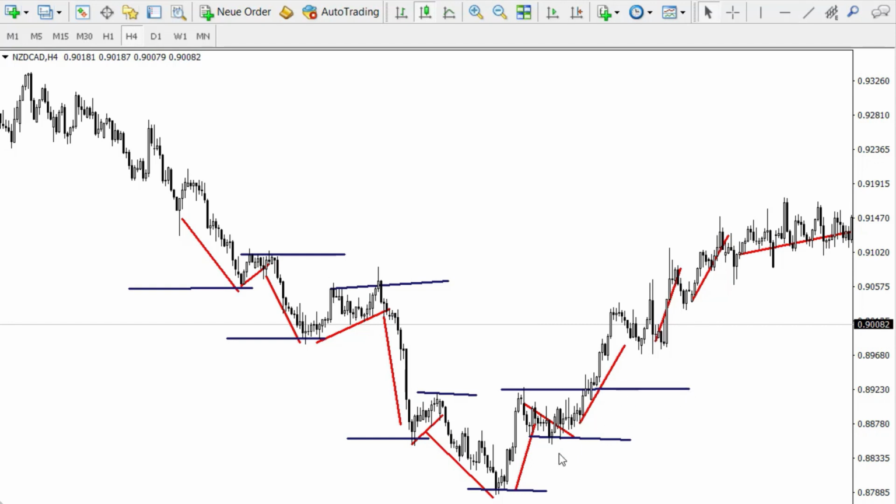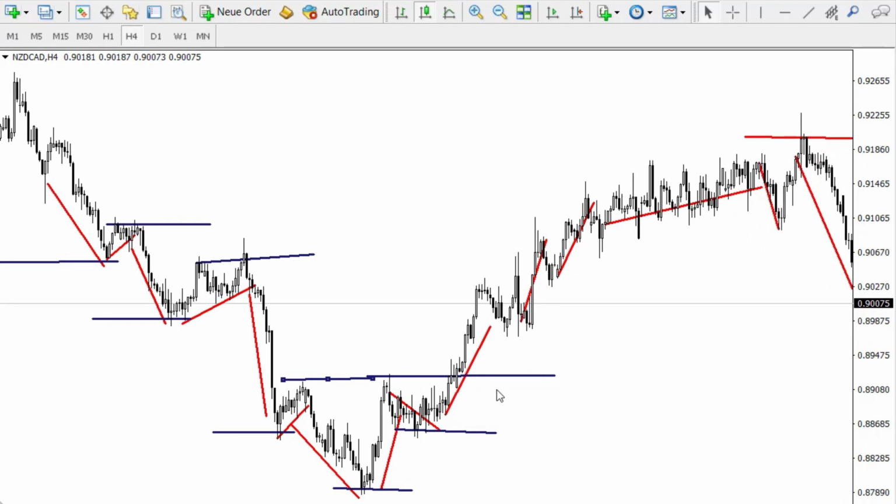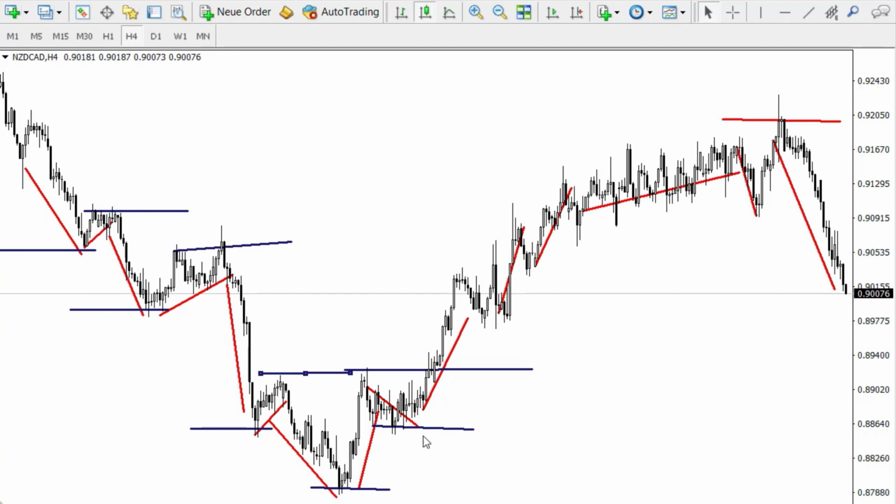So here is where the new trend really starts, because when we break the previous swing high, we are now making higher highs and higher lows. This is a very important point where the market is transitioning from lower lows and lower highs to higher highs and higher lows. So this is a transition period where a new trend is initiated, because the lows and the highs are shifting the way they are forming on our charts.